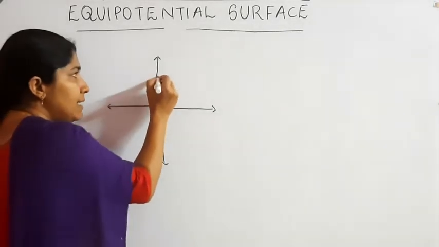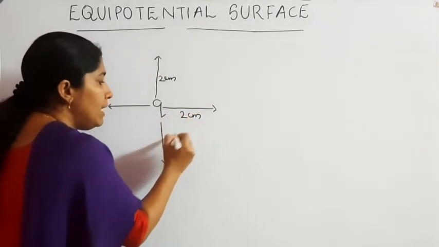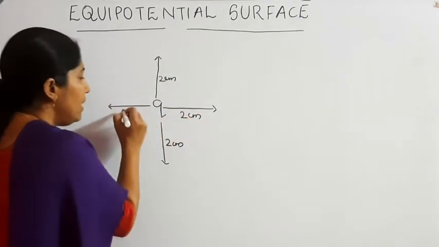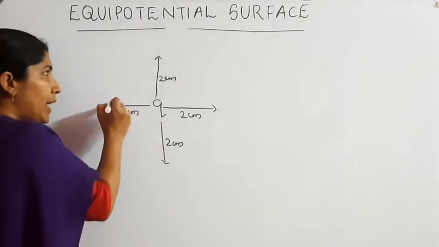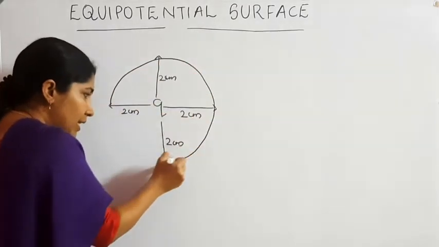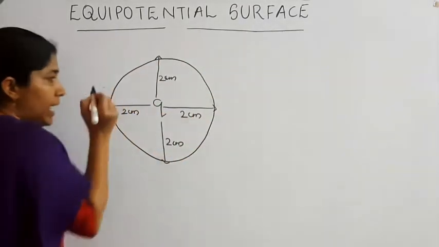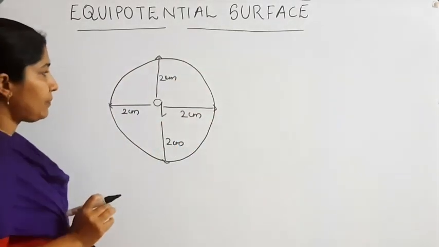If this distance is 2 centimeter, here also the distance is 2 centimeter, here 2 centimeter, here it's equal to 2 centimeter. Now we draw a surface connecting these 2 centimeter points. Then we get an equipotential surface.